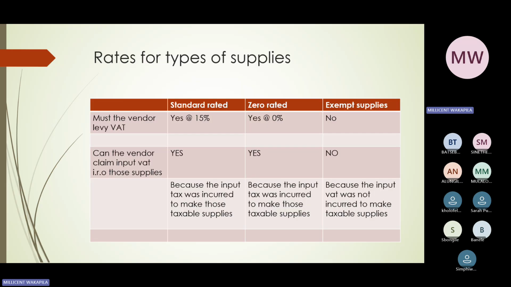So this is the explanation why zero rated is a taxable supply: can the vendor claim the input VAT in relation to those supplies? For zero rated and standard rated, you are able to claim VAT, but for exempt supplies, you are not able to claim VAT, right?